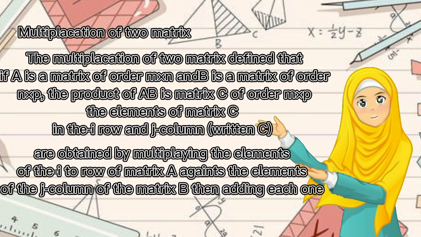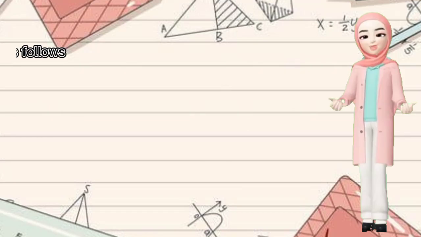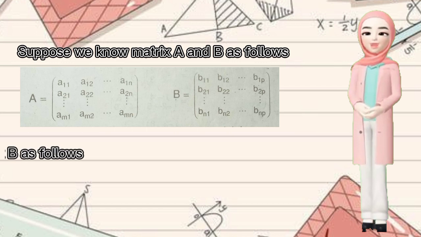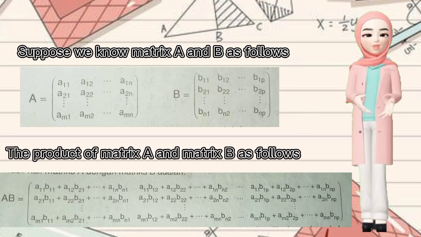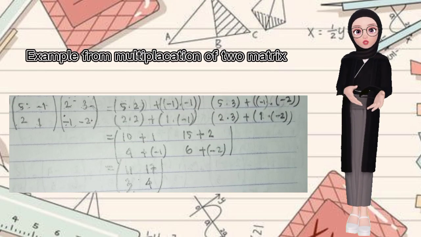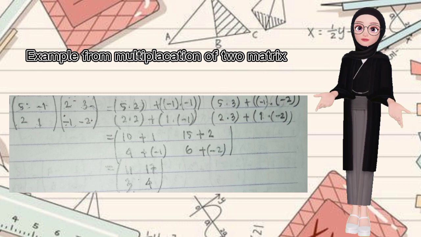The element of matrix C in the i-th row and j-th column, written c_ij, is obtained by multiplying the elements of the i-th row of matrix A against the elements of the j-th column of matrix B, then adding each one. Suppose we know matrices A and B as follows. The product of matrix A and matrix B is an example of multiplication of two matrices.